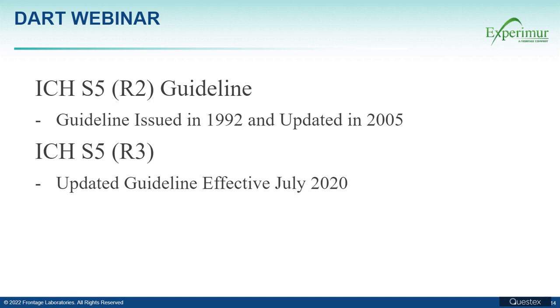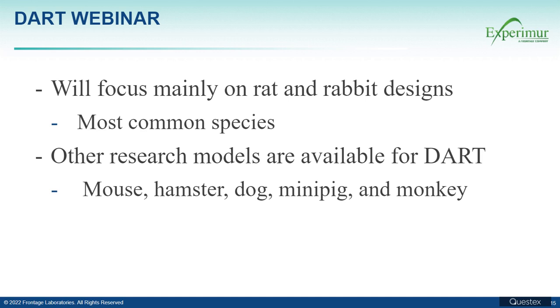The ICH S5R2 guideline was issued in 1992 and updated in 2005. The most recent updated guideline is now effective July of 2020, so we are right now under the ICH S5R3 guideline. I will be providing links to these guidelines if there's interest after the talk.